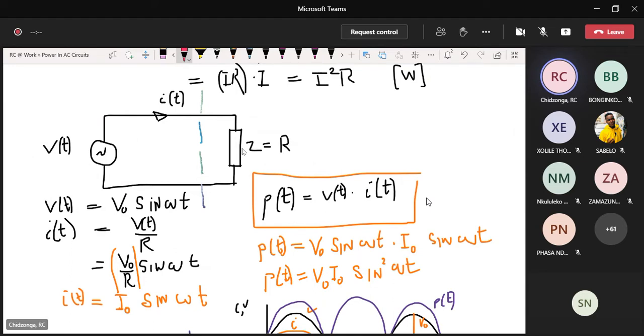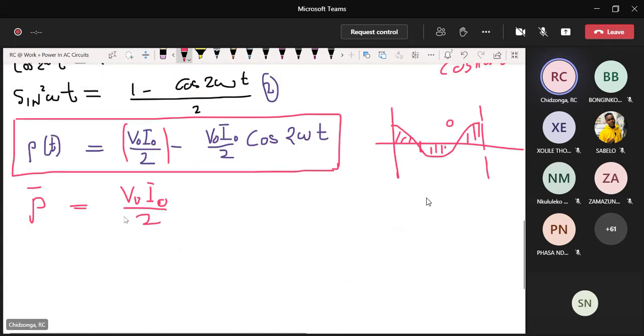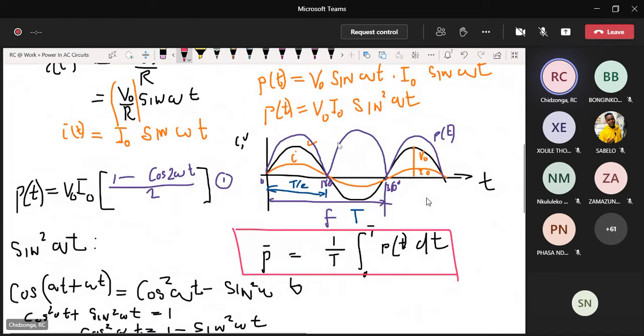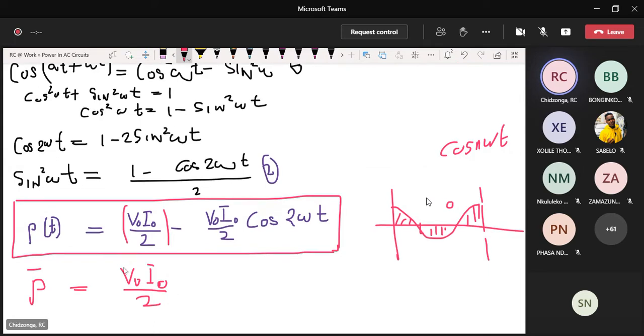And that's what we see when we plug in a kettle, a stove, a geyser, or whatever to an AC source. This is the average power. It's V peak I peak divided by 2. That component here is manifest in this curve. There's an AC, but the average value for this is 0. So we only talk about this.